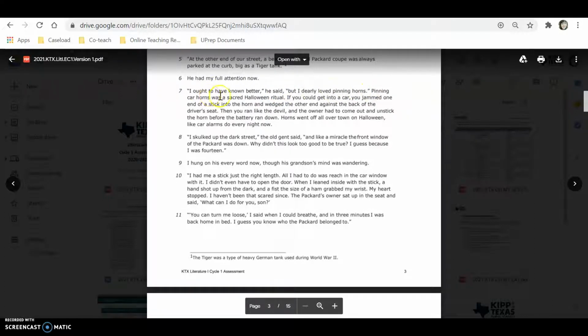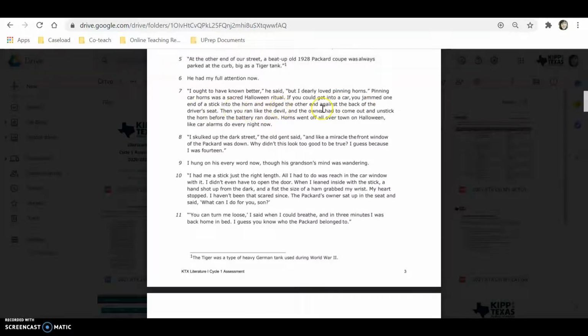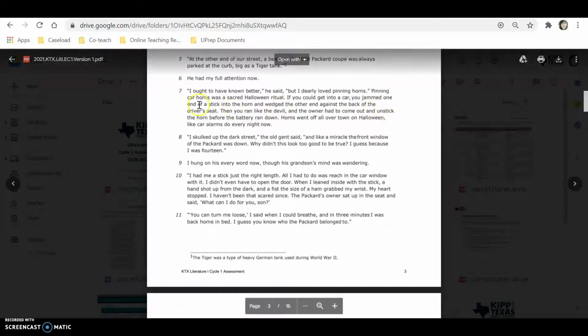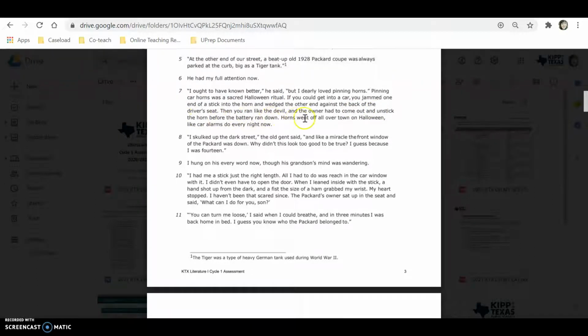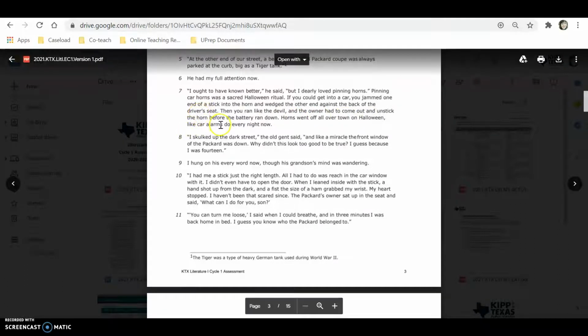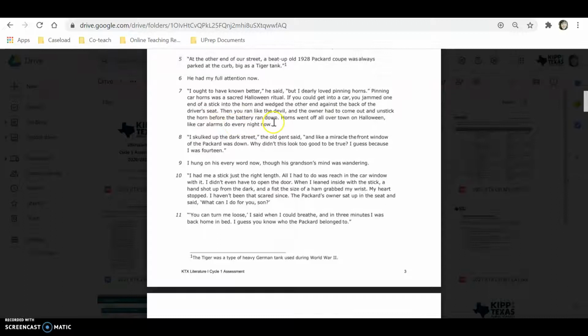Pinning car horns was a sacred Halloween ritual. If you could get into a car, you jammed one end of a stick into the horn and wedged the other end against the back of the driver's seat. Then you ran like the devil, and the owner had to come out and unstick the horn before the battery ran down. Horns went off all over town on Halloween like car alarms do every night now.